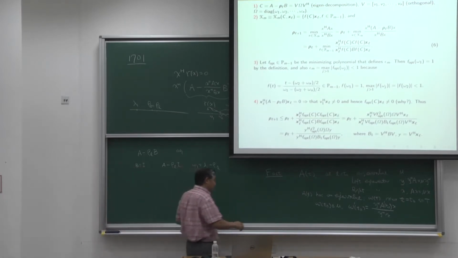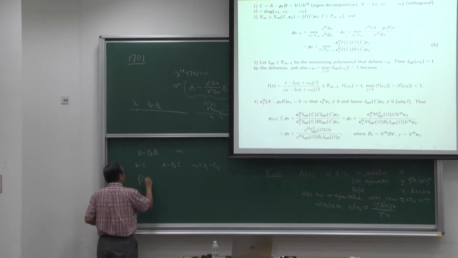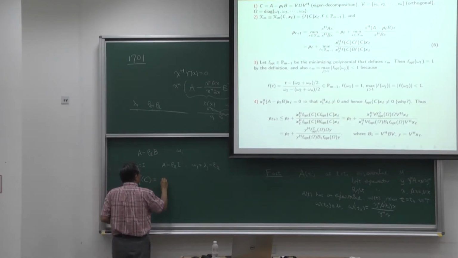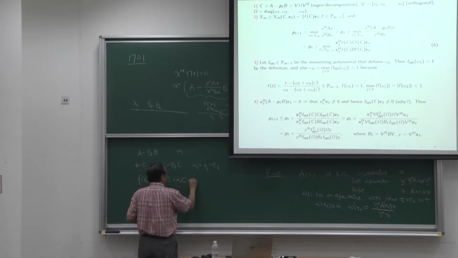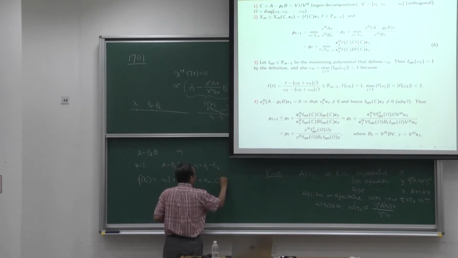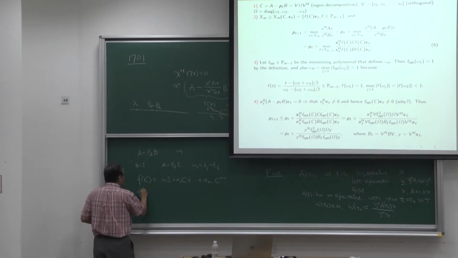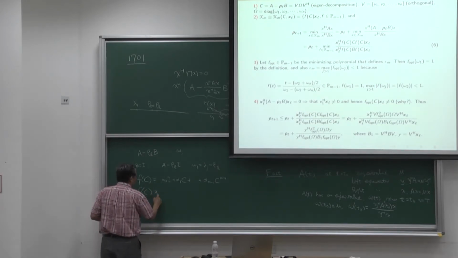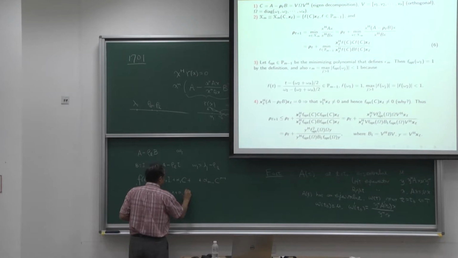All right, so let me write. If we have f(C) equal to alpha 0 identity plus alpha 1 C, up to alpha m minus 1 C to the m minus 1, then f(C) times x, let me drop the subscript just to make it easier, is alpha 0 x plus alpha 1 Cx and so on.